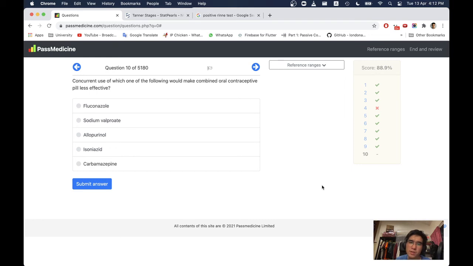C stands for carbamazepine, R for rifampicin, A for alcohol chronic, P for phenytoin, G for griseofulvin, P for phenobarbital, S for sulfonylureas, I think. Let's look for the mnemonic.